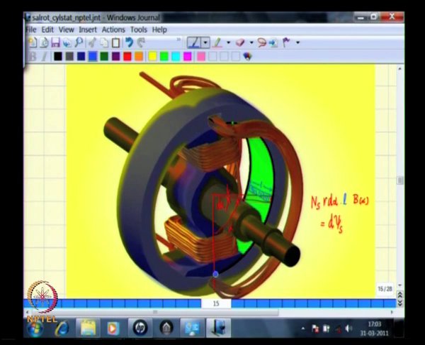But now we have determined how this MMF variation is, and due to that MMF with the two cylindrical rotors we now know what is the flux that is going to pass through a given elemental area.